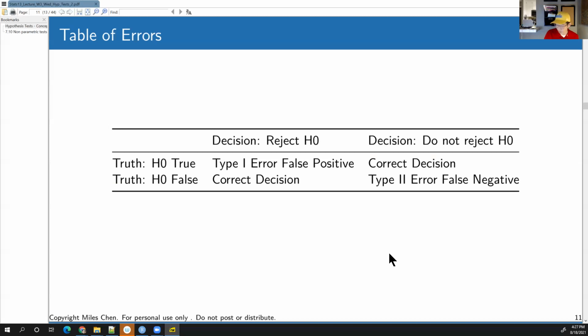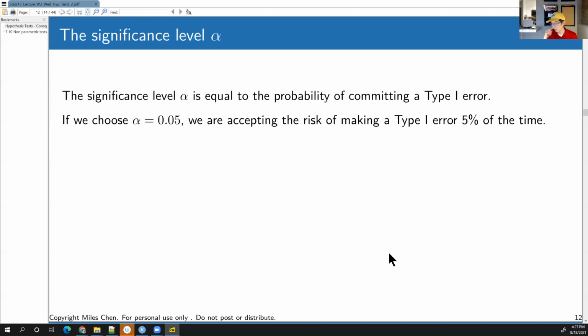Yeah, so that's actually my very next slide. The significance level we choose, alpha, right? So we often choose alpha as 5%. This is equal to the probability of committing a type 1 error, right? Because we are going to reject the null hypothesis anytime our p-value is less than alpha. So if you come in with an alpha of 5%, we're basically saying anytime my p-value is less than 5%, we're going to reject the null hypothesis.